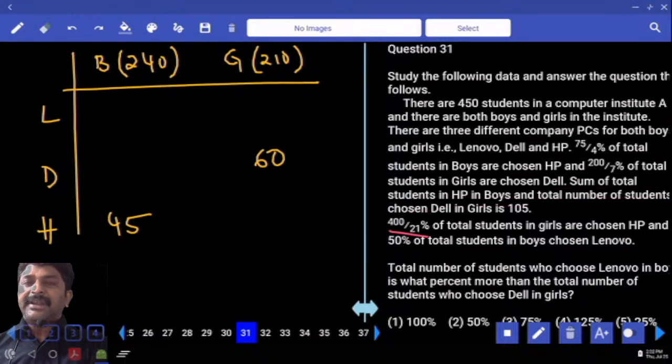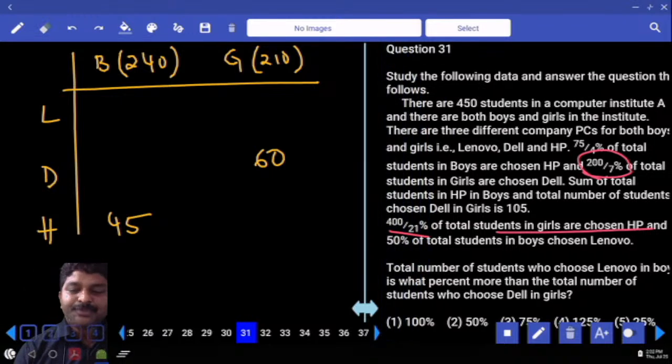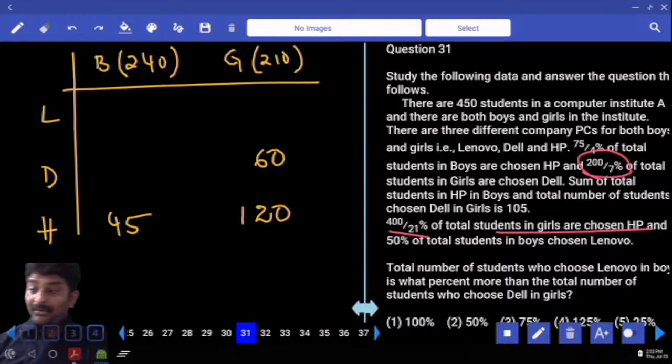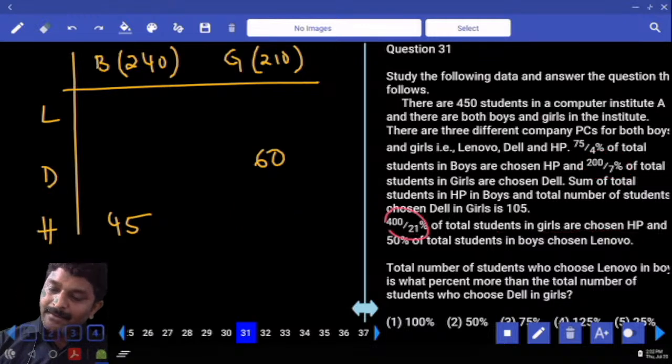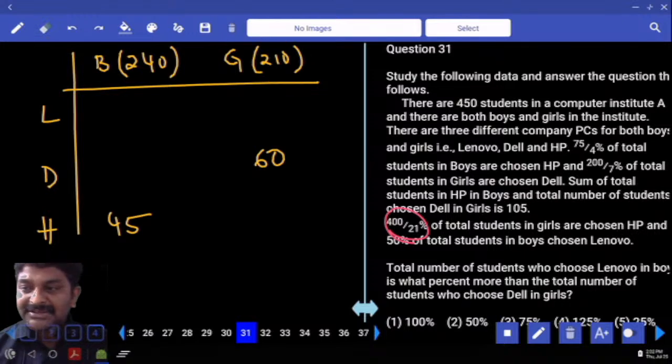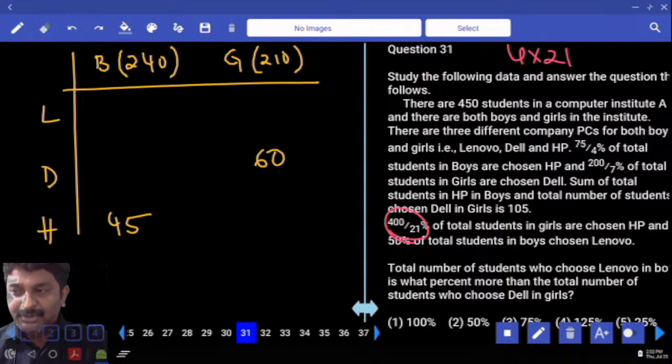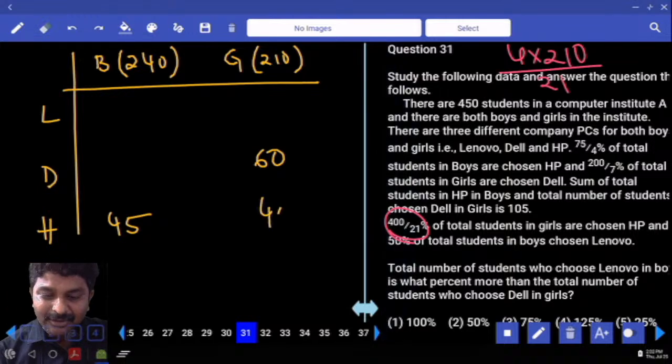400 by 21%, which is exactly 2 times of this. They are in HP. It is double of this. How many? 120. Yes, understood. 400 by 21: 400% of this number is 4 times 210 divided by 21, which is equal to 40.